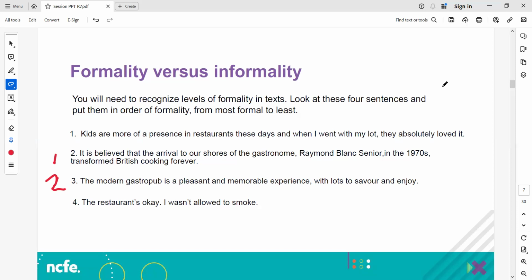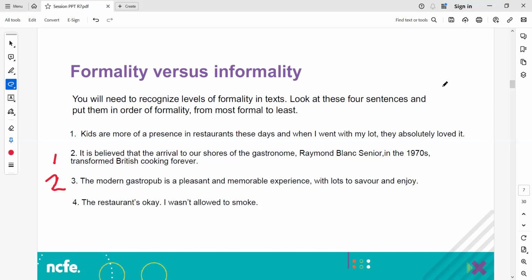Okay, so which one would be next? We're getting onto the less formal sentences now. Anybody can unmute themselves and make a suggestion. So which one would come next?